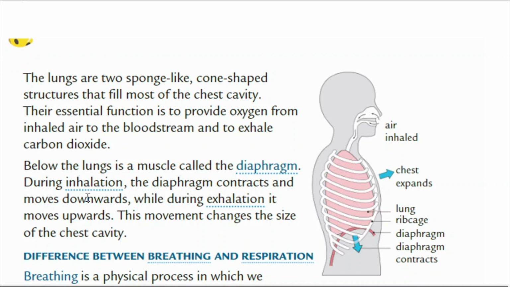During inhalation, the diaphragm contracts and moves downwards, while during exhalation, it moves upwards. This movement changes the size of the chest cavity. As we have seen in the previous picture, and you can see it here also, this is the diaphragm.